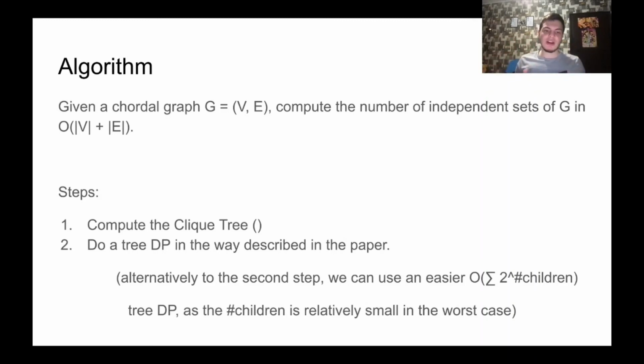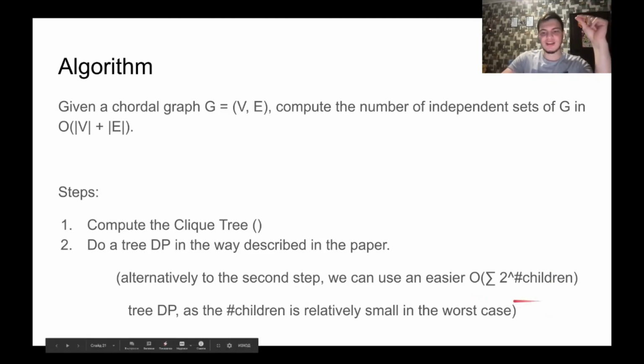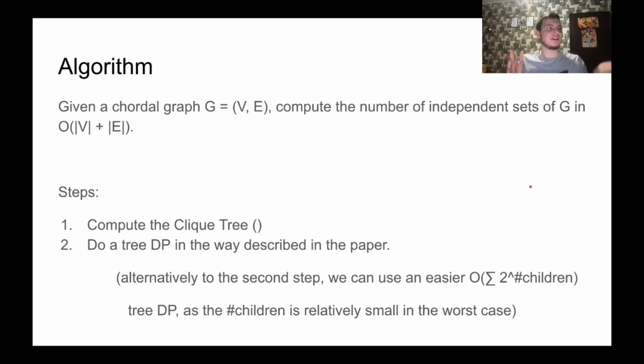However, there is actually a simpler solution, which is fast enough. The most straightforward way to do the DP after you have built the clique tree is to have a solution with complexity 2 to the power of the number of children.